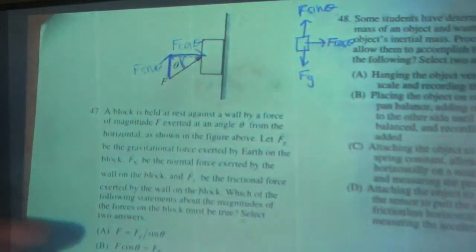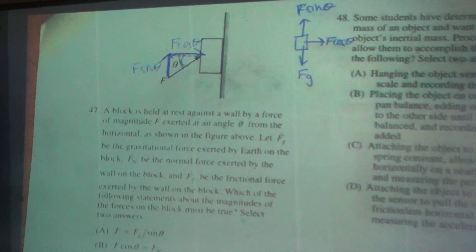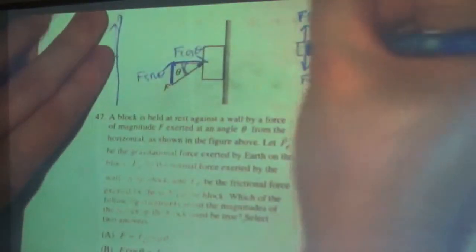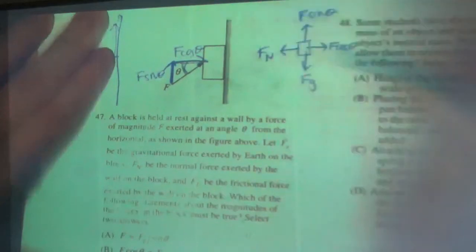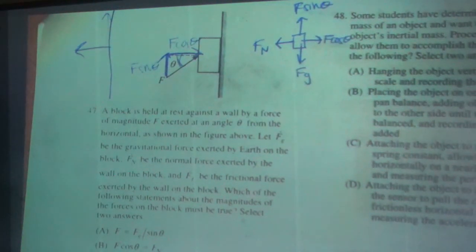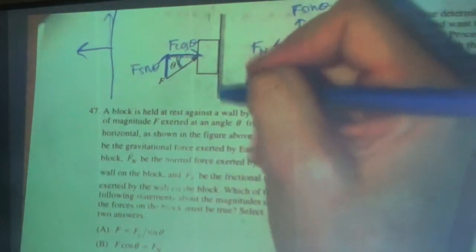Now the normal force, it's super important to remember that the normal force is always perpendicular to the surface. So if this is my surface, the normal force is not pushing the block up. The wall is pushing this way against the block, so this right here is your normal force. And then friction, you don't know which way friction would point, because if this is a big enough force to push it upwards, then friction would be pointing down.